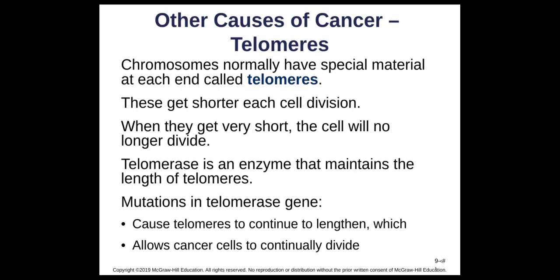But as they are getting shorter, when the cell divides, it can mess up and not get all of the DNA that you need. So you can have mutations. You can also have mutations in the gene that codes for these telomeres, these little lengths. It can cause the telomeres to lengthen, and then those cells could just continuously divide.